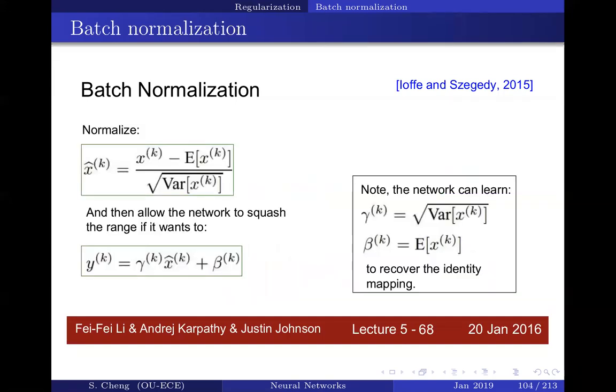So what can be done is that we may undo the situation. Right after normalizing, we can add back some kind of bias and then scale it up by some other parameters. And the point is that these two parameters can be trainable.